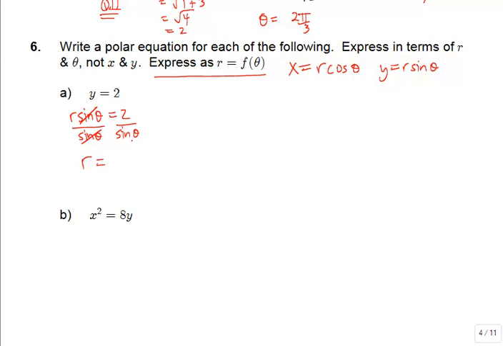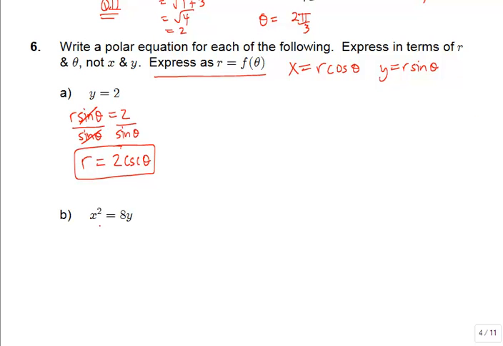What function is the reciprocal of sine? Cosecant. So we could change this 1 over sine theta into a cosecant of theta and just leave that 2 on top. So here is my answer. R equals 2 cosecant theta is exactly the same equation as just y equals 2.